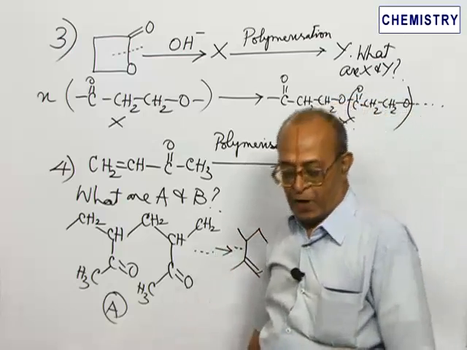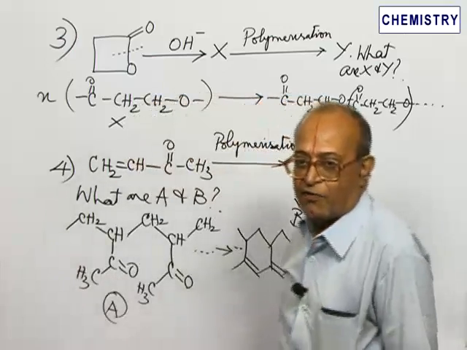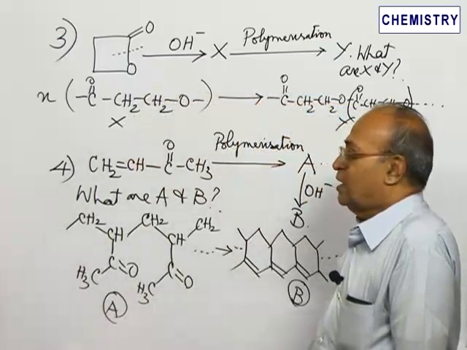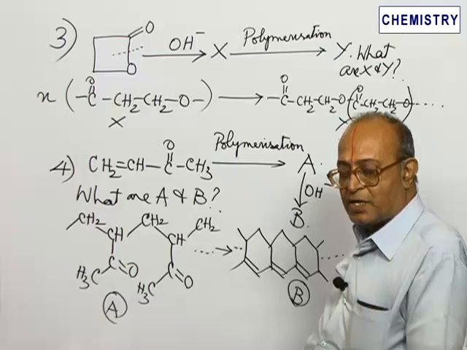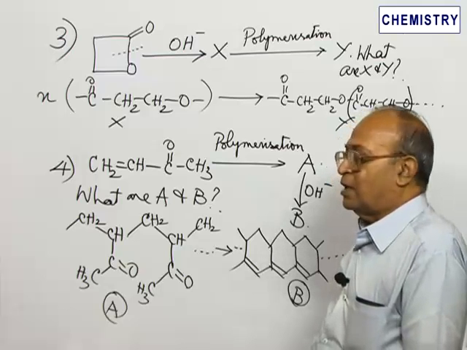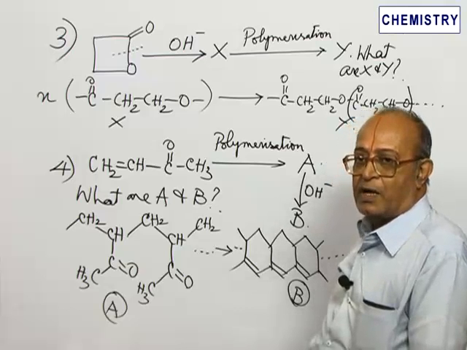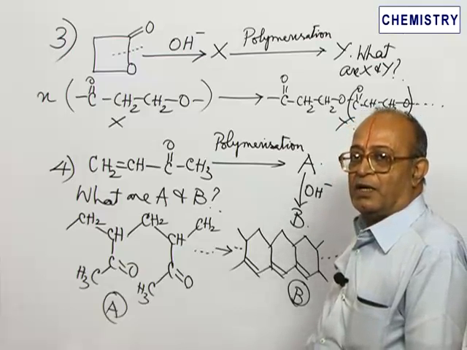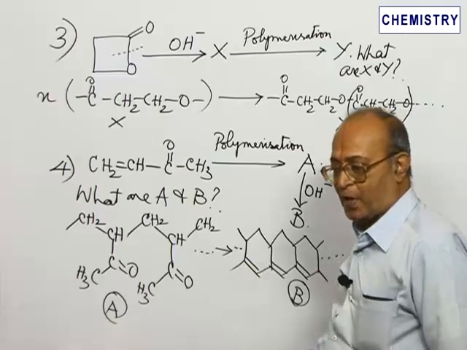Or it is also possible to think of a linear molecule undergoing polymerization reaction, leading to the formation of a polymer in which a ring structure is possible.